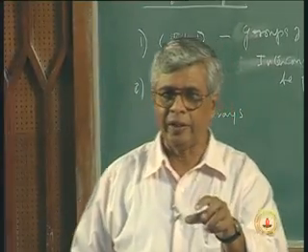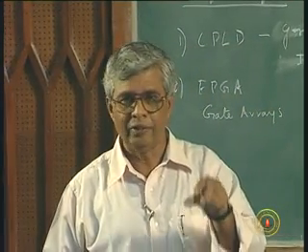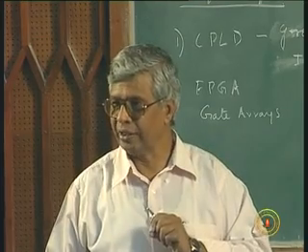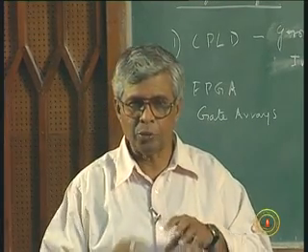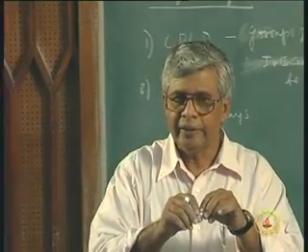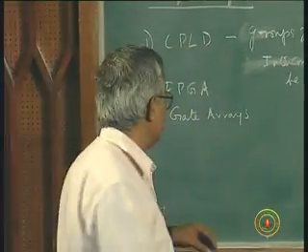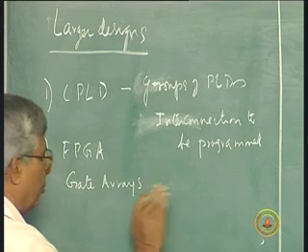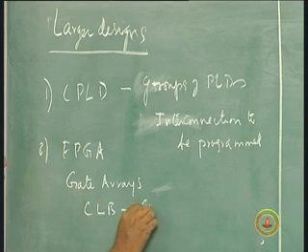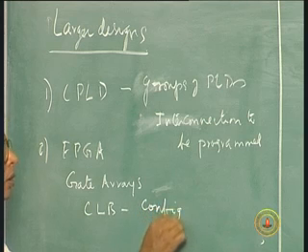You know, with gates we can design a multiplexer, with gates you can design a flip flop, with gates you can design an exclusive OR gate and all that type of thing. So, we have small units of gate arrays which are called CLBs, configurable logic blocks.